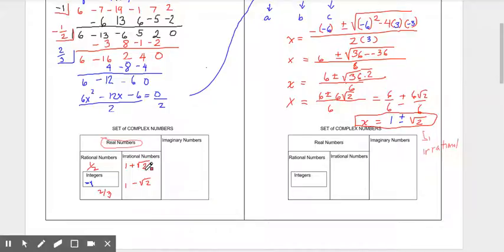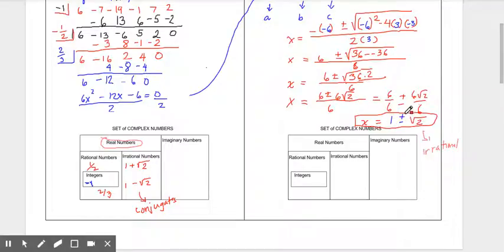Notice that there are 2 of them, and they're almost exactly the same, except for the plus and the minus. We call these two guys conjugates of each other. So they are conjugates. And if we're getting these irrational zeros from following the quadratic formula, then we'll always have this plus and minus in between these two numbers.